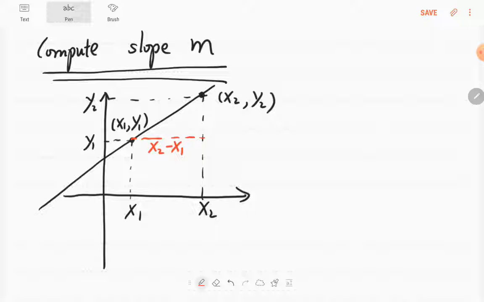It also has a vertical change, from y1 to y2. So the vertical change is y2 minus y1. Here x2 minus x1 is called the horizontal change.